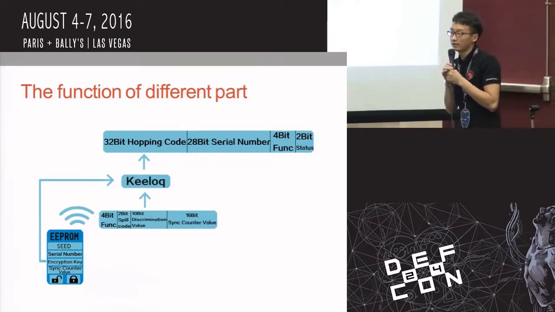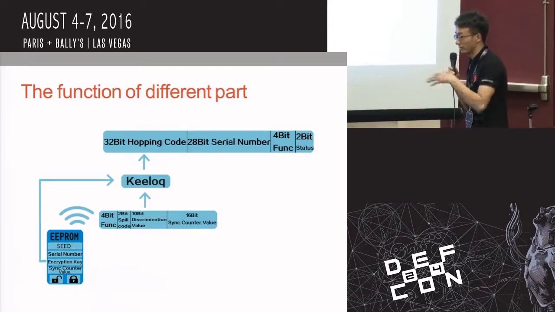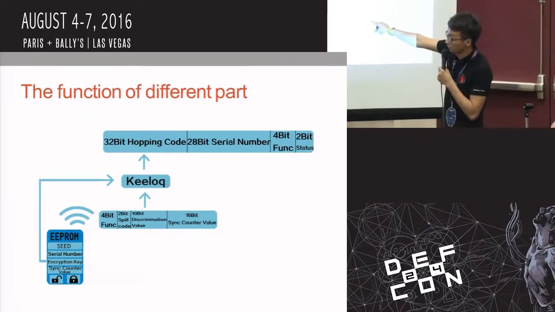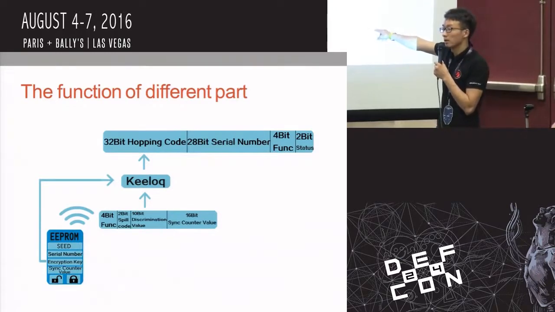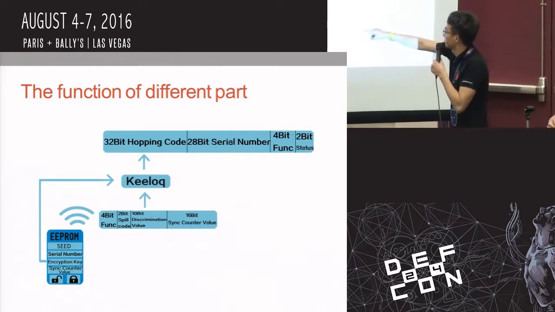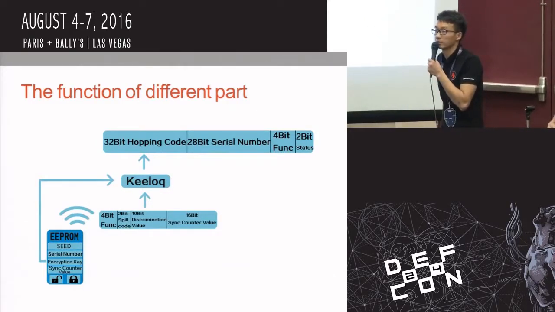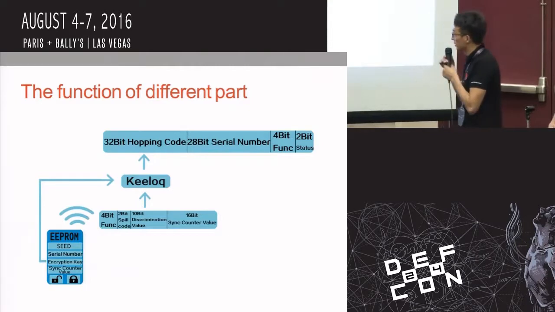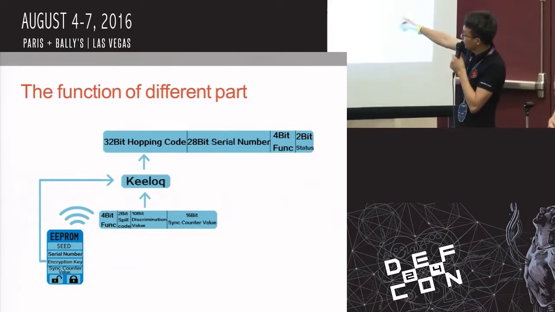So the car has the key, so it can decrypt the content. So we are talking about the decrypted version of this content. Does that make sense? And so the vulnerability.